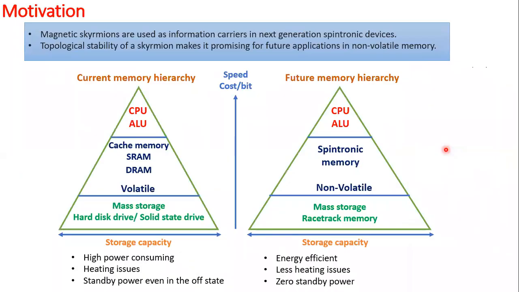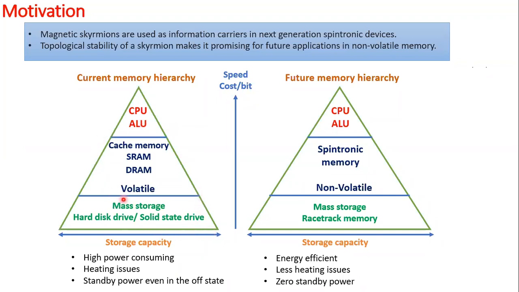Now, why are skyrmions so important to us? You see the left triangle. This is the current memory system we are using nowadays, and below the triangle you see the storage devices which we use, the hard disks and the solid state drives.